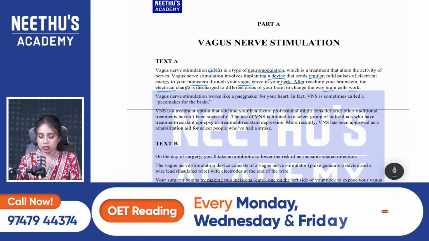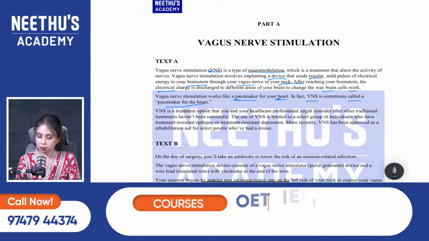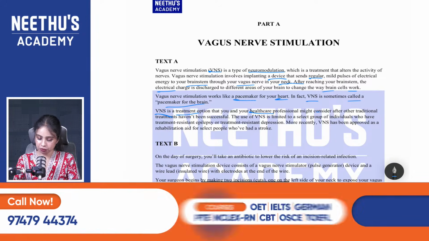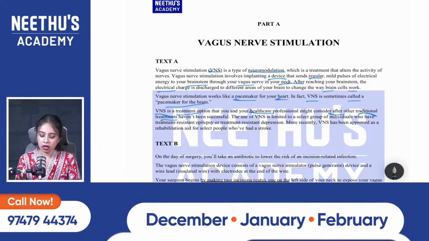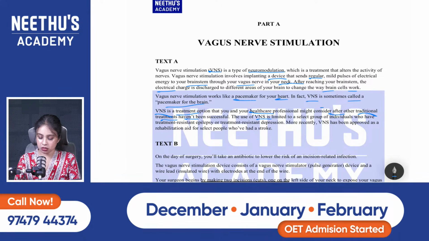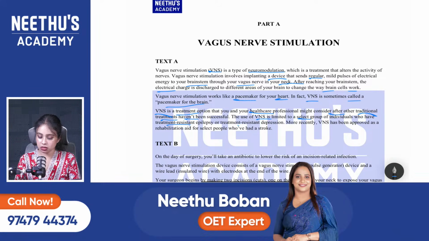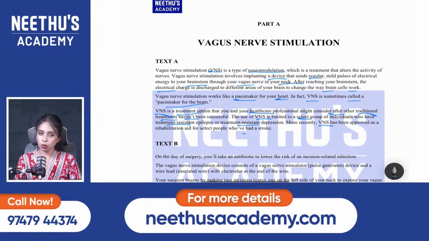Vagus nerve stimulation works like a pacemaker of your heart. In fact, VNS is sometimes called a pacemaker of the brain. VNS is a treatment option that you and your healthcare professional might consider after other traditional treatments have not been successful. The use of VNS is limited to a select group of individuals who have treatment-resistant epilepsy or treatment-resistant depression. More recently, VNS has been approved as a rehabilitation aid for select people who have had a stroke.